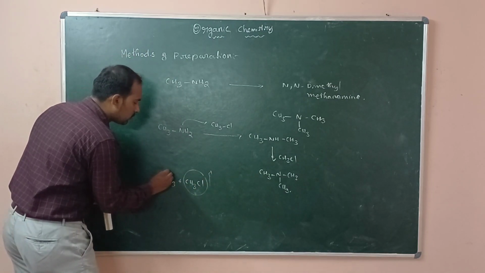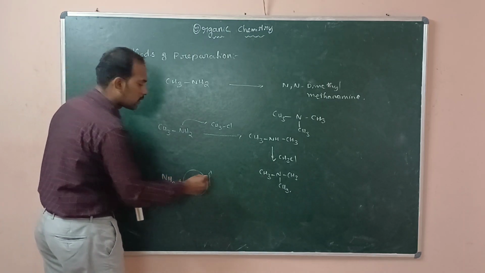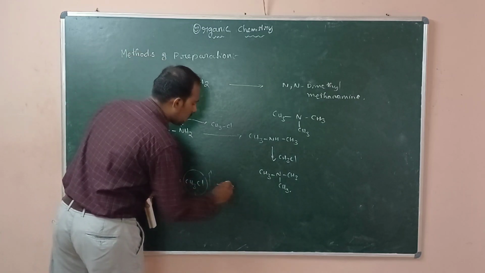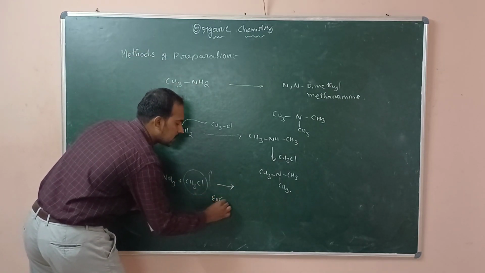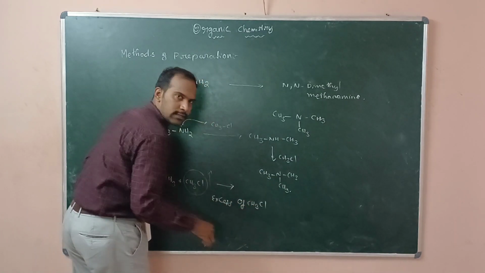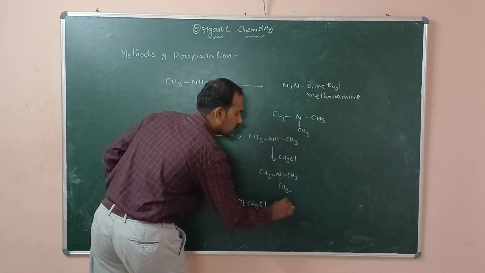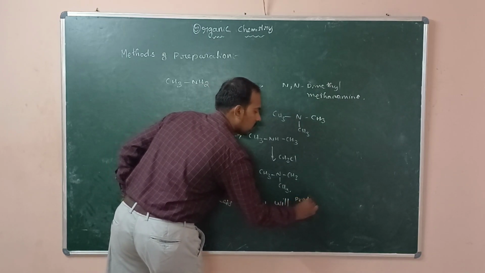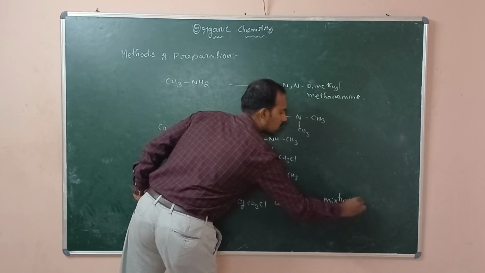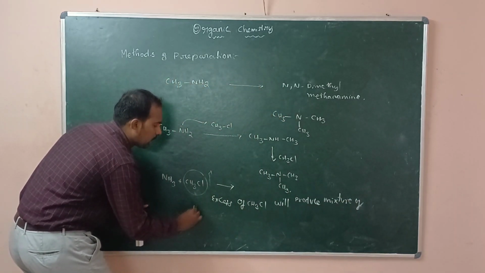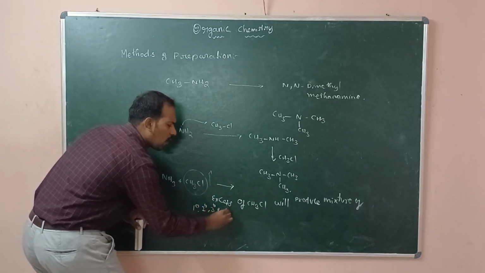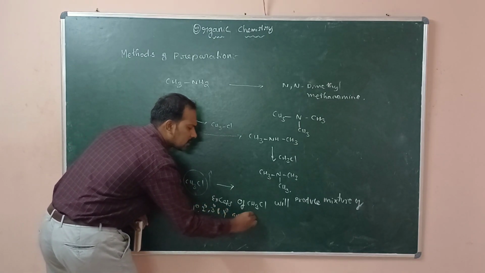So what is the disadvantage? If we have excess of CH3Cl, it will produce a mixture of primary, secondary, tertiary, and quaternary ammonium salts.